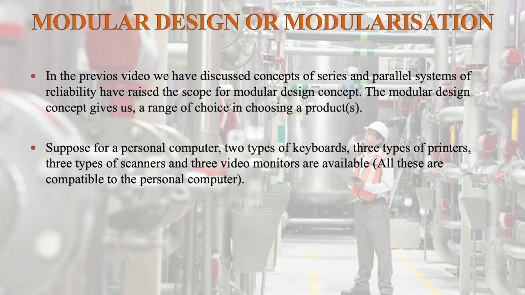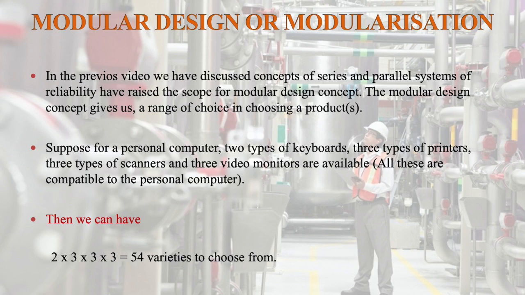Suppose for a personal computer, 2 types of keyboards, 3 types of printers, 3 types of scanners and 3 video monitors are available. All these are compatible with the personal computer. Then we can have 2 into 3 into 3 into 3, that is equal to 54 varieties to choose from.